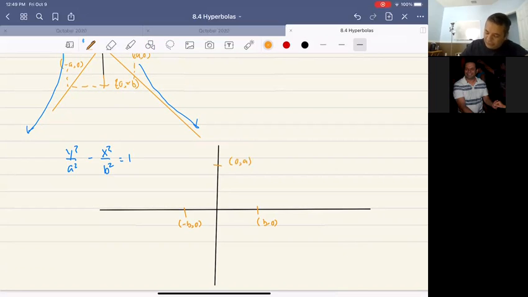We don't even need to worry about which one's bigger between a and b, we just need to worry about which one's the biggest, which is c. Let me draw my fundamental rectangle.